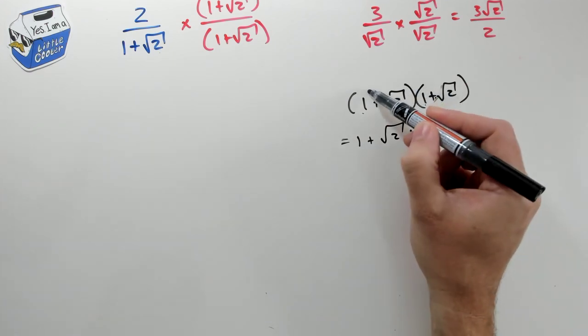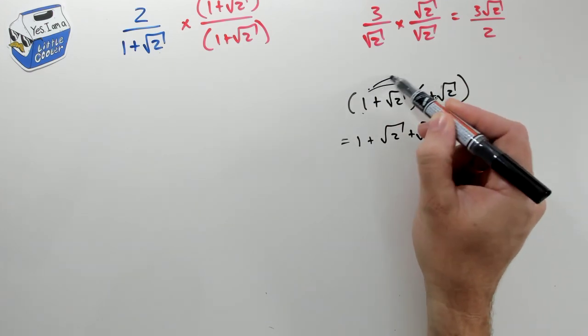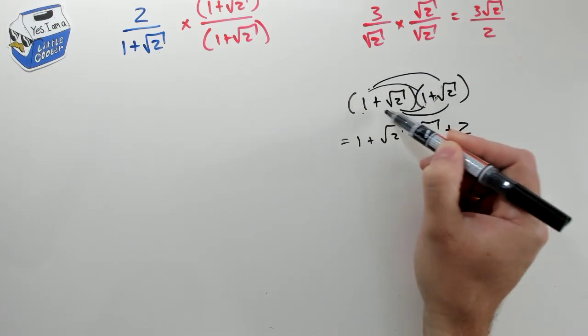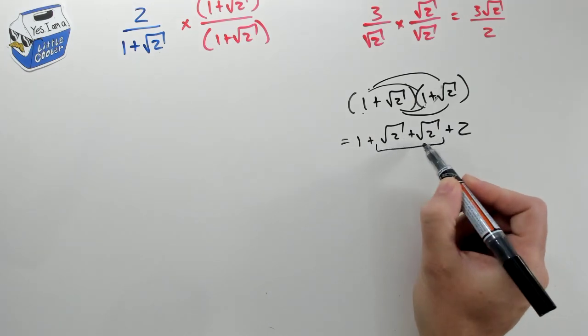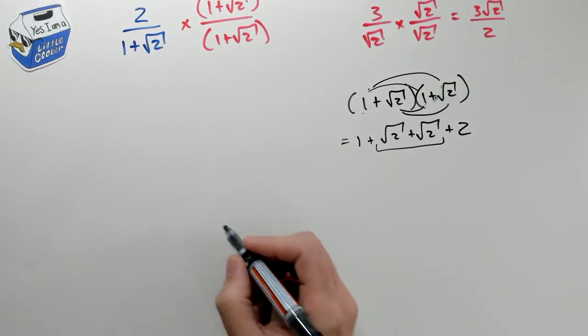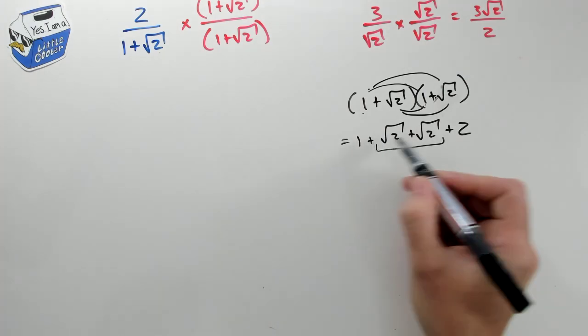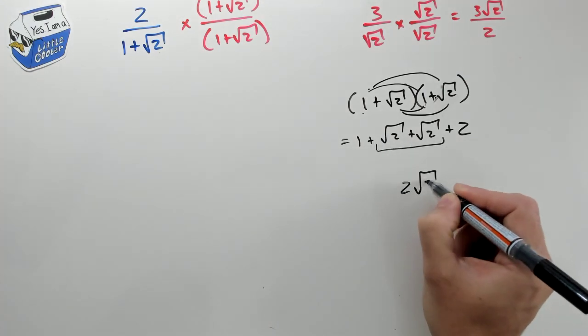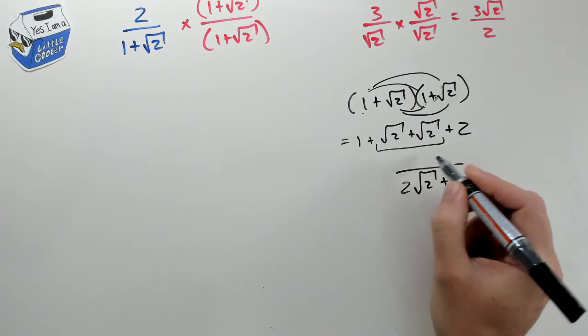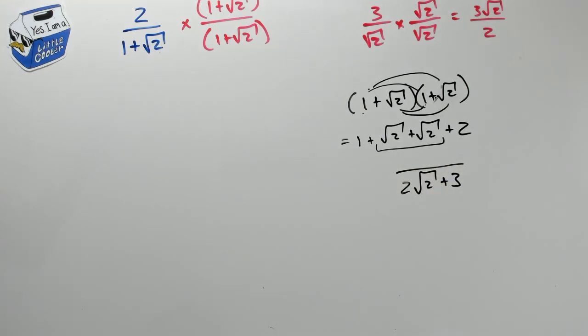If you're not familiar with this, I'm basically just multiplying every term here with every term there, okay? But here, this is not nice. It'll just complicate things because suddenly I'll have a fraction with this whole thing at the bottom. It'll be like 2 square root of 2 plus 3 at the bottom, and that's not going to be nice.